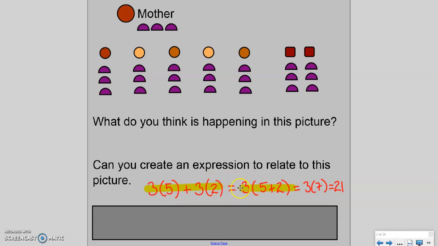I know you came across this word in the previous lesson, but notice how I took that 3 that was outside and multiplied it to each number inside to give me this. I know I started off with this one, but then I noticed that 3 was a common number, so I just put those two together. So this is a property that we're going to be dealing with that deals with this type of situation.